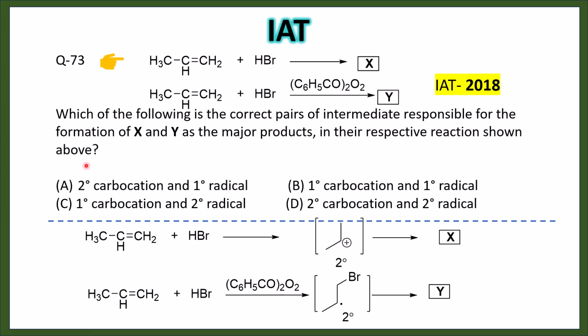We have to find which intermediate is formed in which case. Looking at the options, this happens through a carbocation intermediate, a 2 degree carbocation, and in the peroxide case initially bromine adds as a bromine radical, then it generates the 2 degree carbon radical. So the correct option is 2 degree carbocation, 2 degree radical.